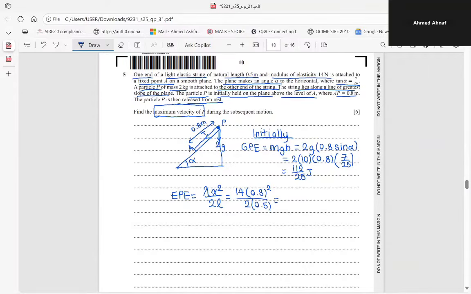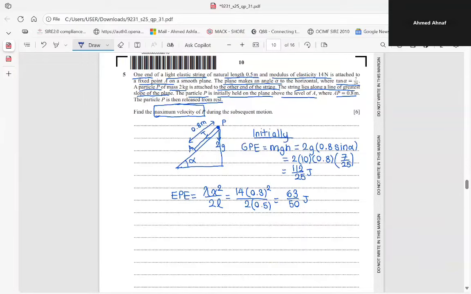Taking all this into account, we get 63 over 50 joules. So this is all our initial energies. And since it's released from rest, there's no KE.